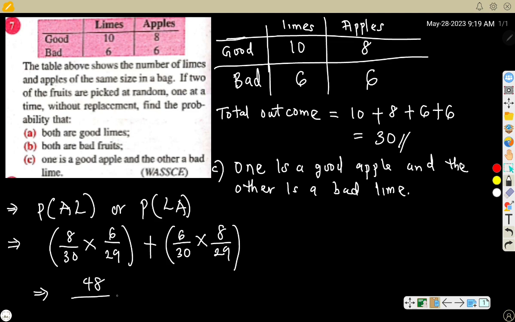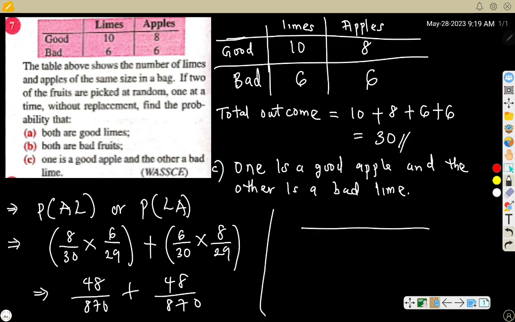That means this is 48 over 30 times 29, that is 870. Plus again 48 over 870. So what's the LCM there? LCM is 870. So you have 48 plus 48, which is 96. So 96 over 870.